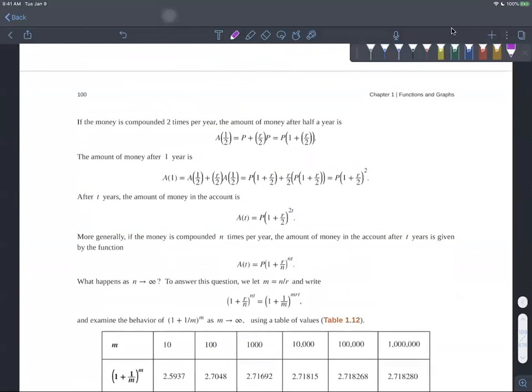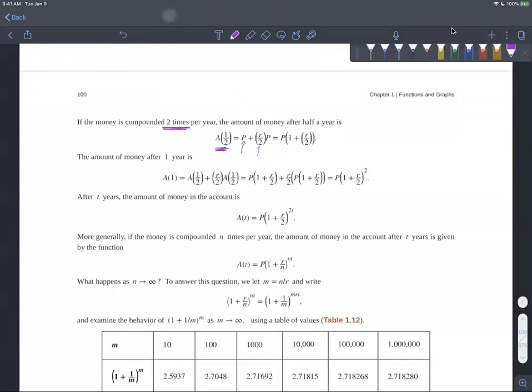If the money is compounded 2 times per year, the amount of money after half of a year is going to be equal to the initial amount of money, P. And then, well, we're not going to apply the full interest rate since it's only been half a year, but we're compounding 2 times per year now.